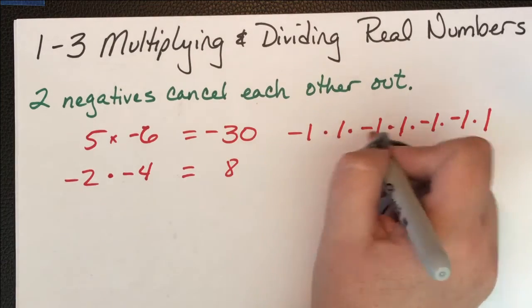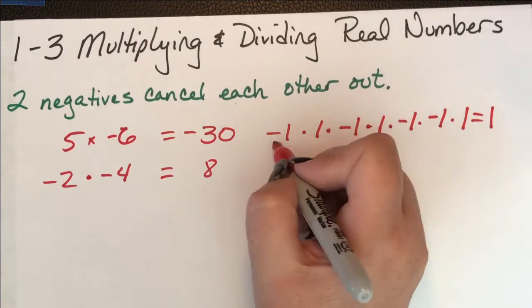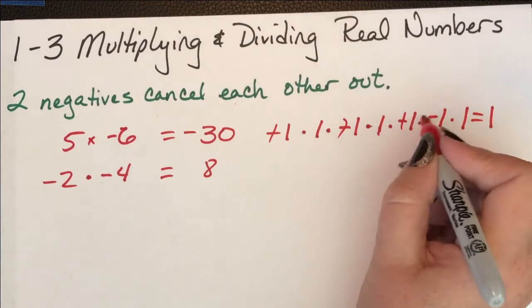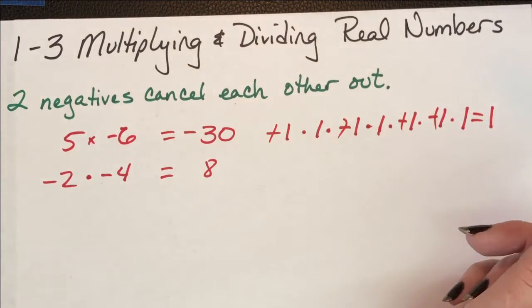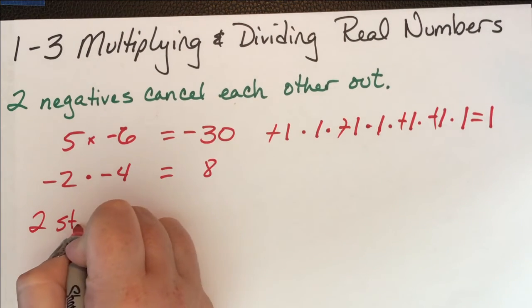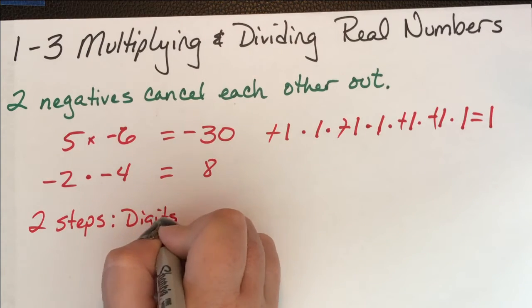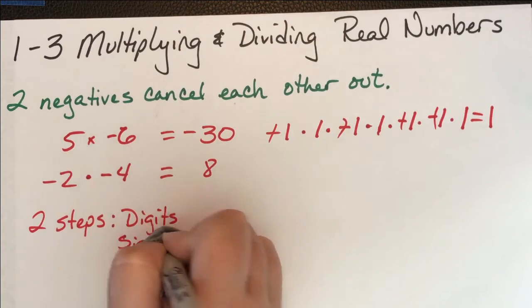You just do the math. I know my answer is 1, and these two cancel, and these two cancel, and my answer is positive. 2 steps: you always do the digits and then the sign.